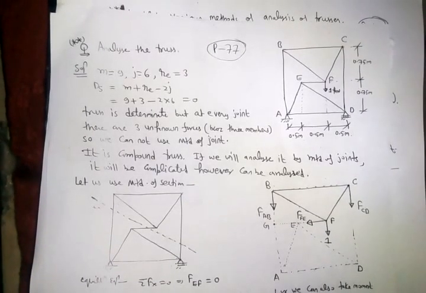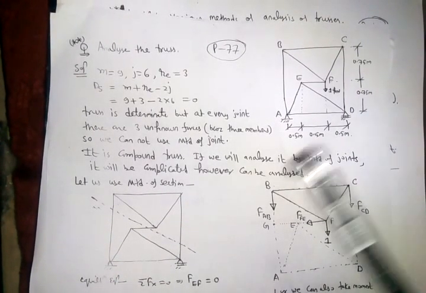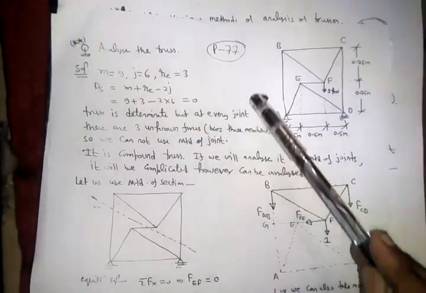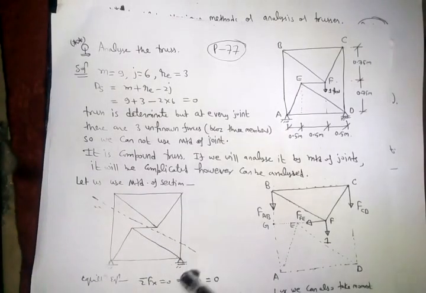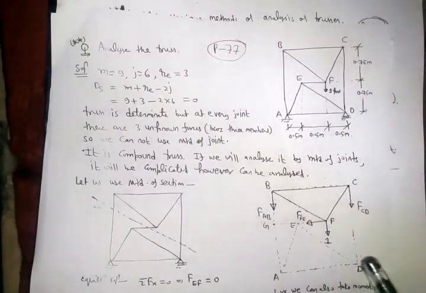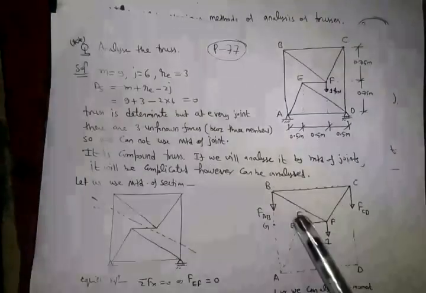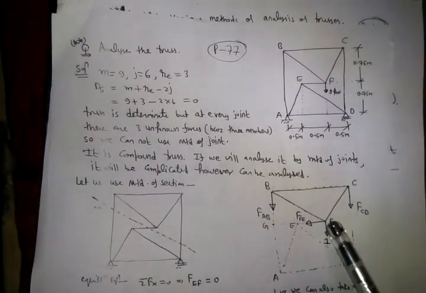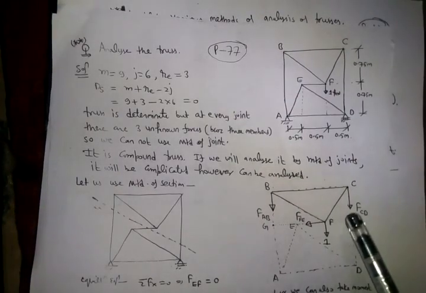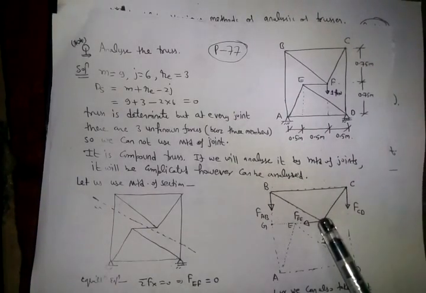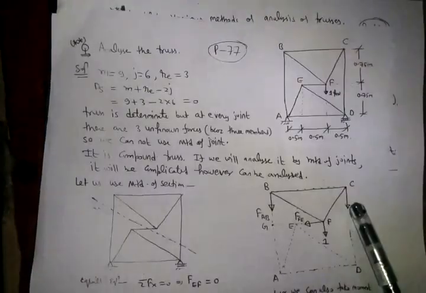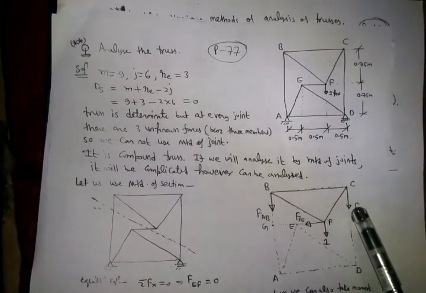So how can we determine? Let us see. Dear friends, if I make a cut like this, look, the structure will be cut in this way. The unknown forces are 1, 2, 3, 4. But these two are concurrent, so the unknowns are 2 only, right? So how can I find out?